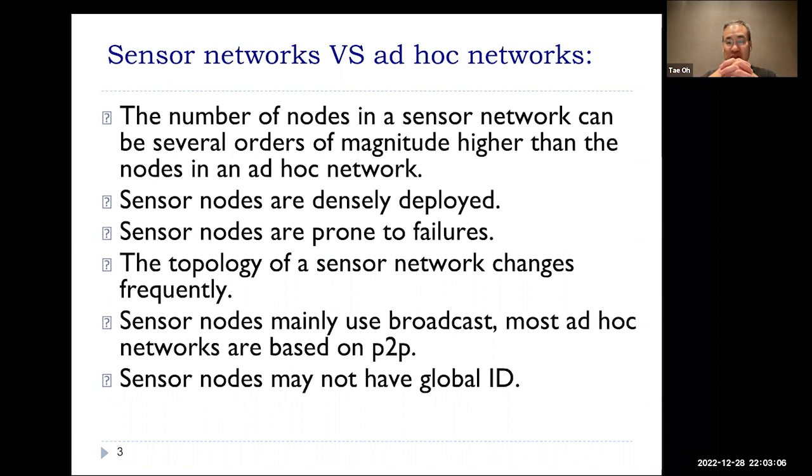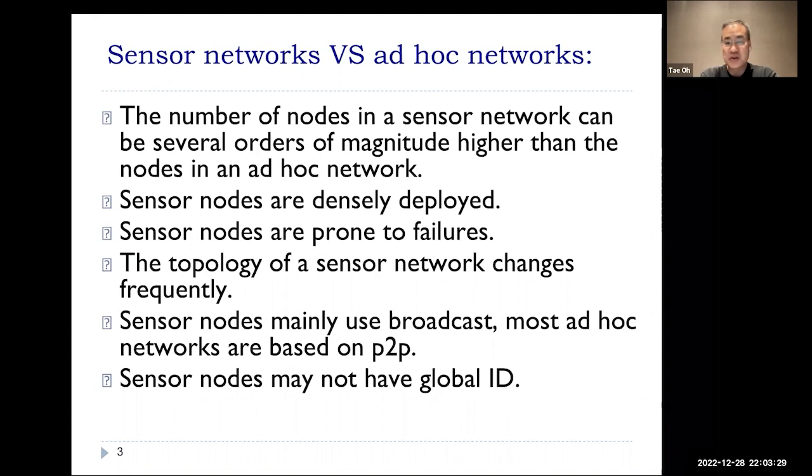Those are two different cases. Also, sensor nodes are densely deployed, much closer, while in an ad hoc network, especially with vehicles, there is a longer communication range between the vehicles, right? But with sensors, we're talking about very short range.